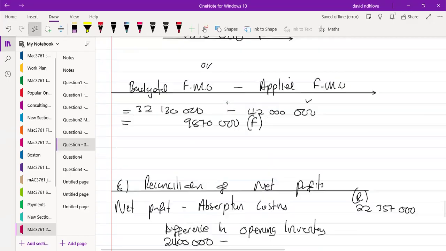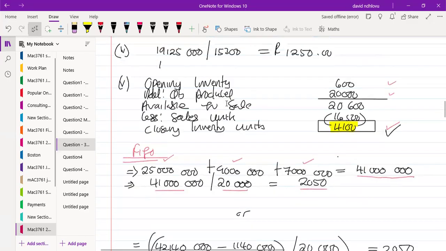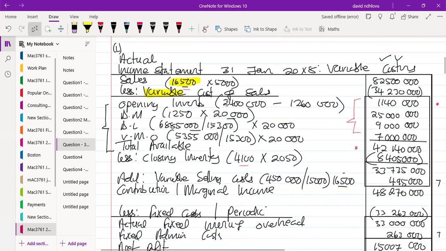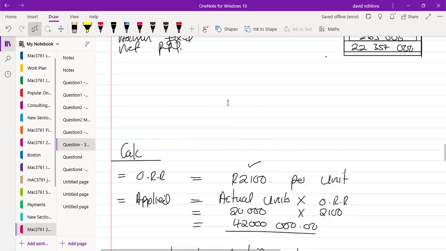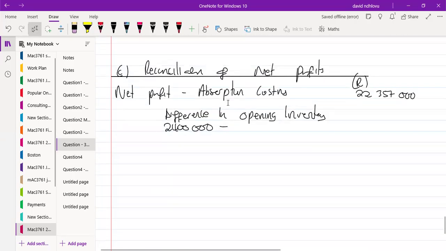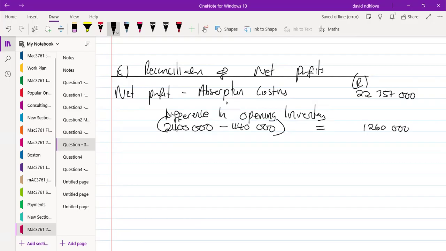But the opening inventory based on variable costing was less because it does not include the fixed cost, and the figure is 1,140,000. Then we have our difference, which is that 1,260 that we calculated before, just to verify it.